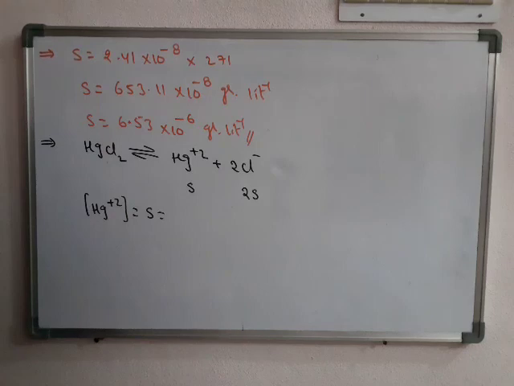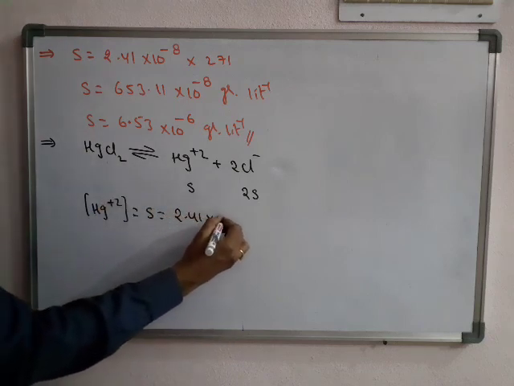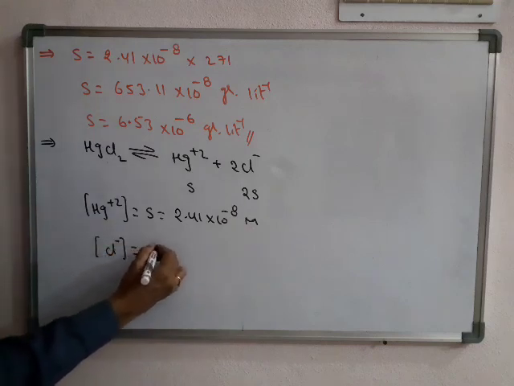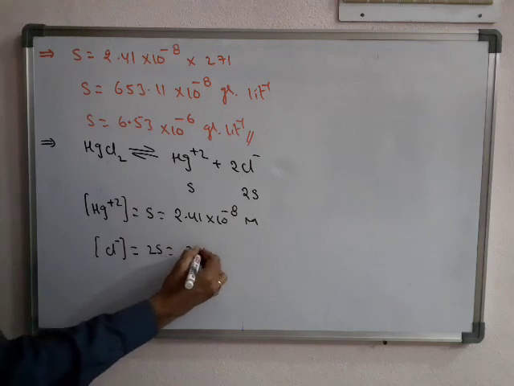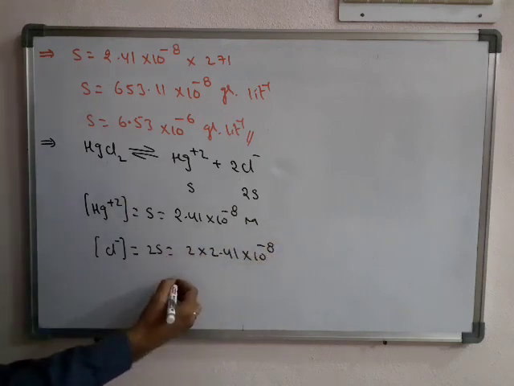So how much did you get in terms of moles per liter? That is 2.41 into 10 power minus 8 moles per liter.